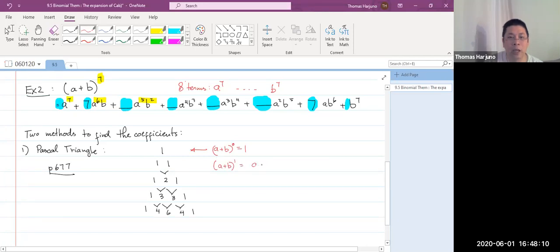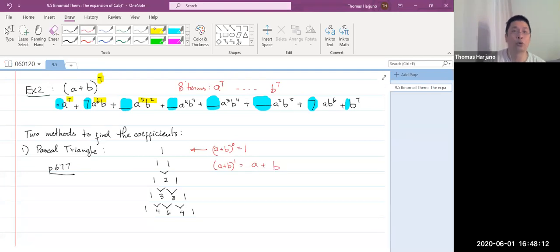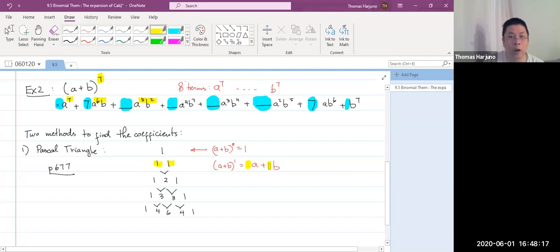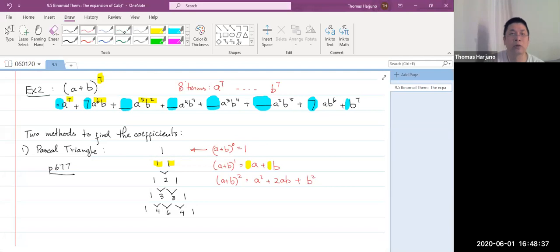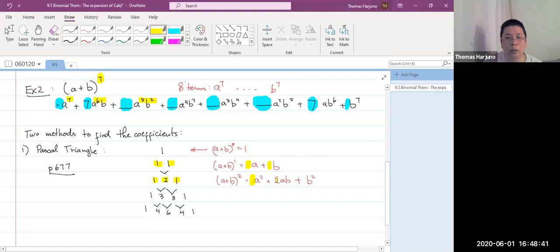So that's a plus b, whose coefficients are 1 and 1. The next row, 1, 2, 1, represents the coefficients for a plus b squared. That's a squared plus 2ab plus b squared. Notice the coefficients are 1, and then 2, and then 1.